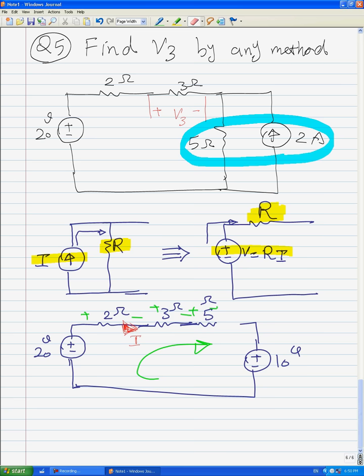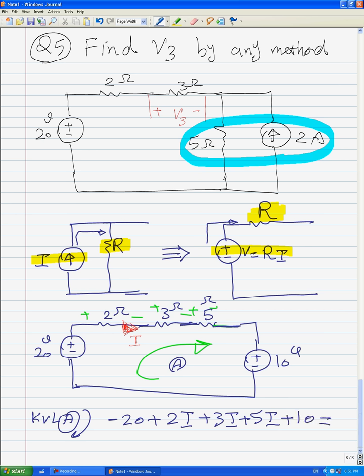Okay, now we are ready to apply KVL. KVL in loop A says minus 20 plus 2 times I plus 3 times I plus 5 times I plus 10 is equal to 0.